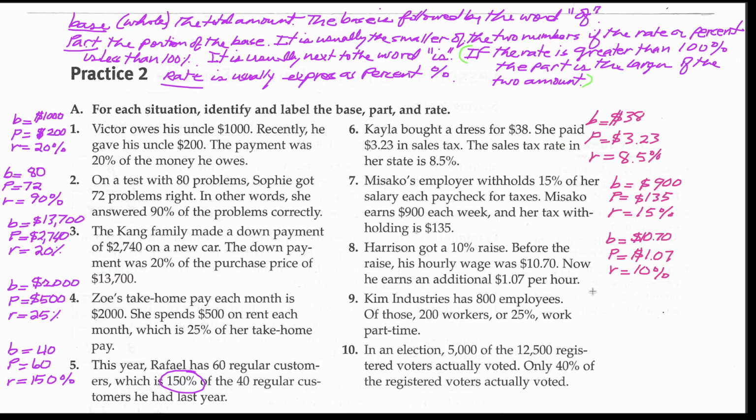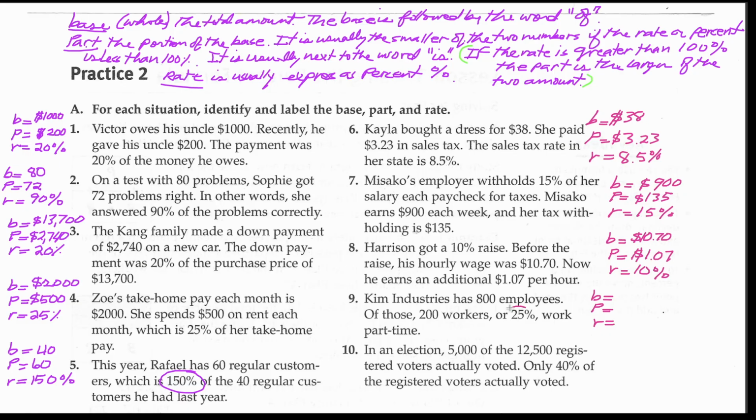Number 9, let's put B for base, P for part, and R for rate. Kim Industries has 800 employees. Of those, 200 workers, or 25%, work part-time.